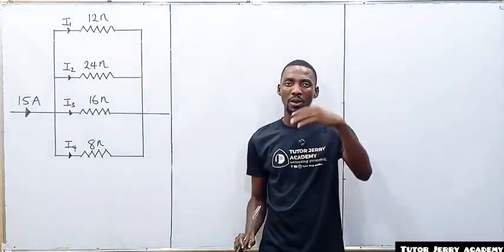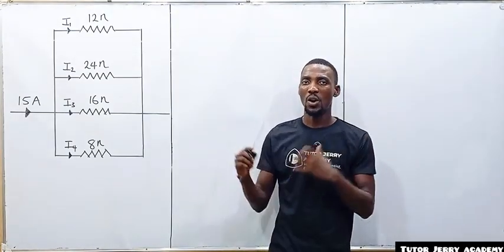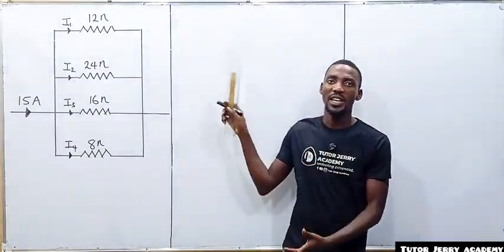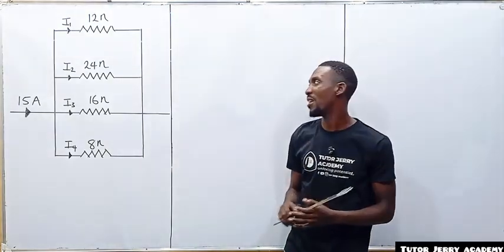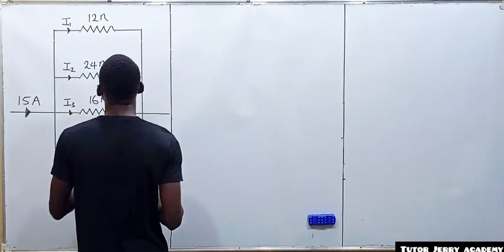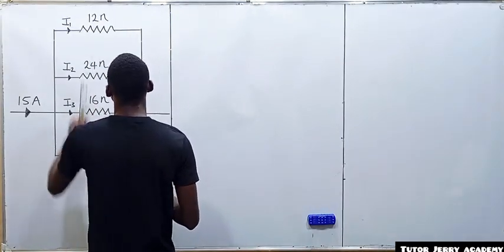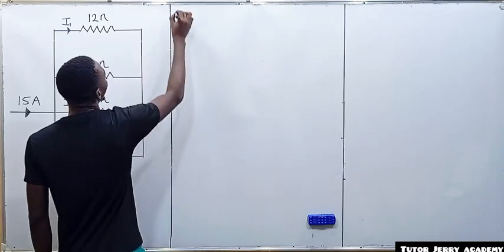So if you have watched our previous video on when we have 3 resistors in parallel, you should be able to solve this question. We have 4 resistors here. Let's call this R1.